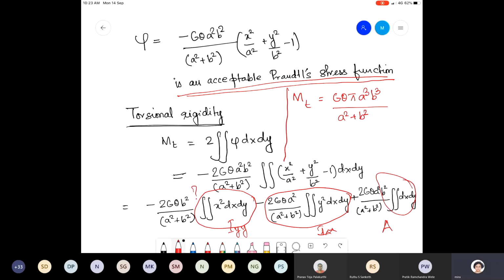If we evaluate the integral, we will get the torsional moment of this form, which is G theta pi a cube b cube by a square plus b square.